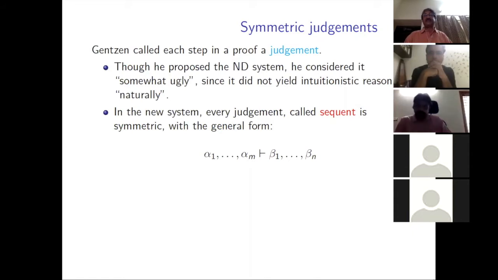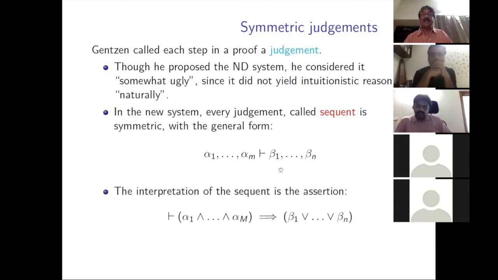So in the new system, every judgment, called a sequent, is symmetric, and the general form is that you have a sequence of assumptions and you have a sequence of conclusions. So this is the idea of a judgment, right? Now from these premises, alpha 1 through alpha n, you derive a conclusion, beta 1 through beta n, and the way to read it, the interpretation, is that the conjunction of all the formulas on the left-hand side implies the disjunction of all the formulas on the right-hand side.